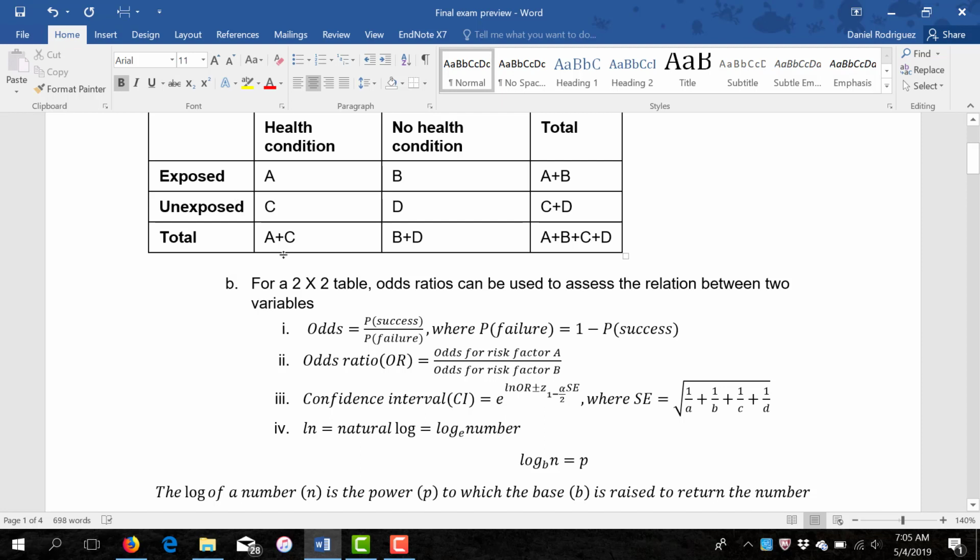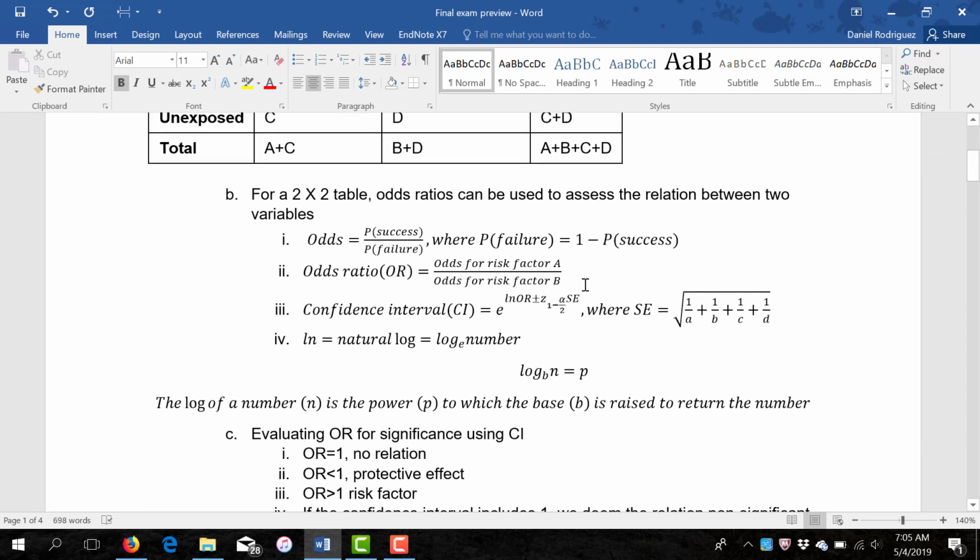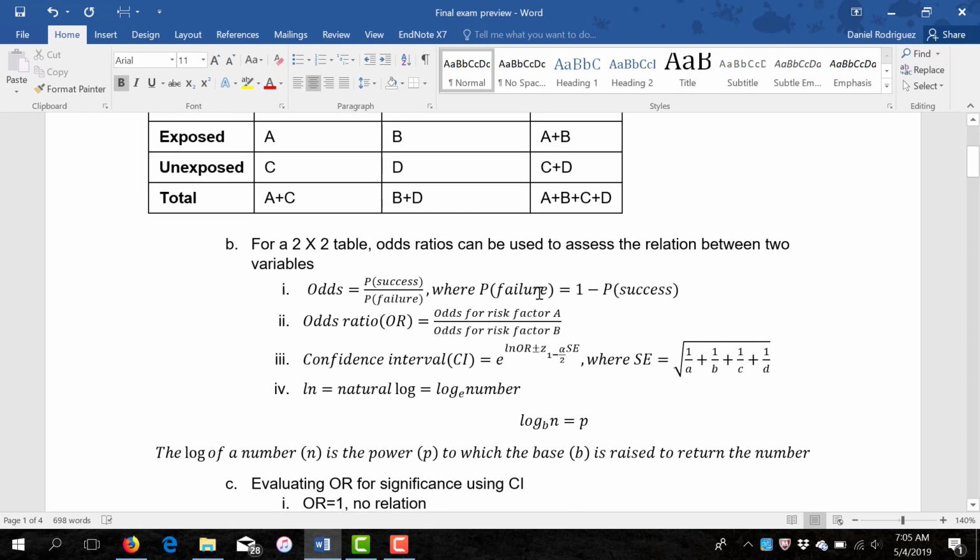So that's a ratio of odds. We see it here in the formula for the odds ratio, OR. We have the odds for risk factor A, which in the table would be exposed, divided by the odds for risk factor B, so that's not exposed. So that's what your typical odds ratio is. It's just a ratio of the odds.